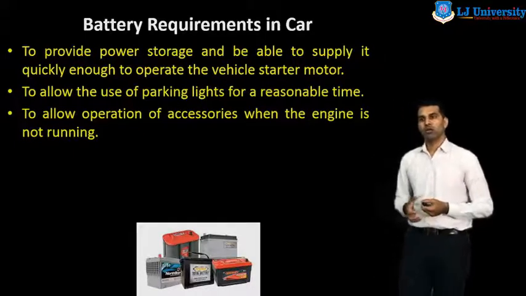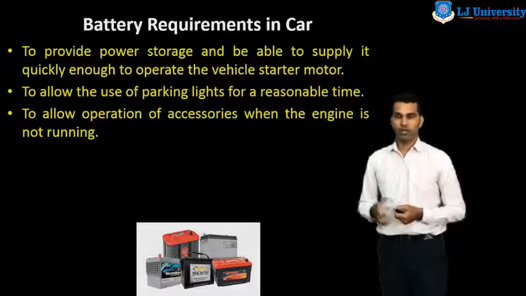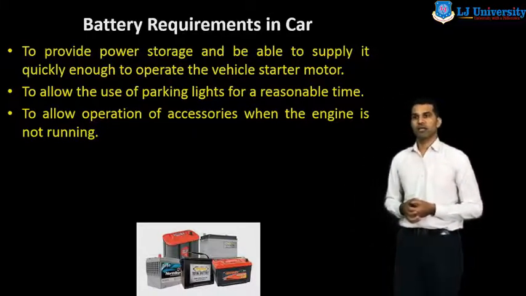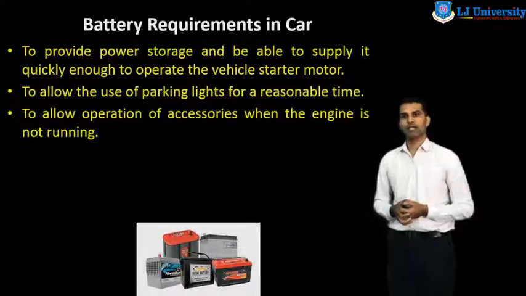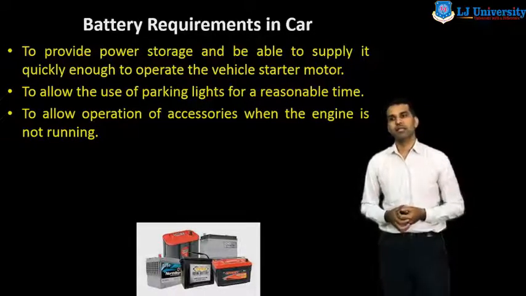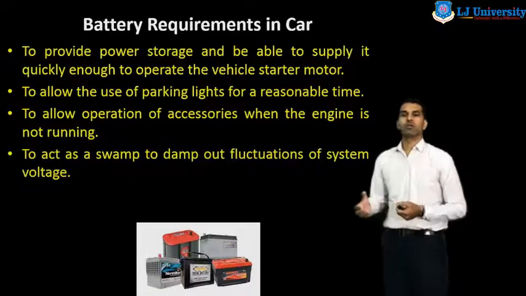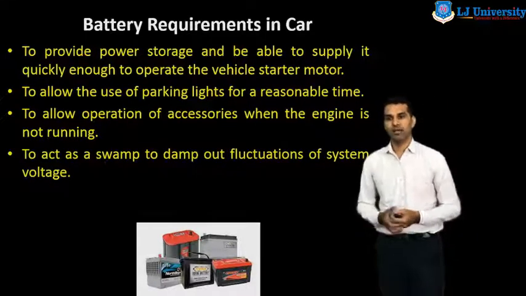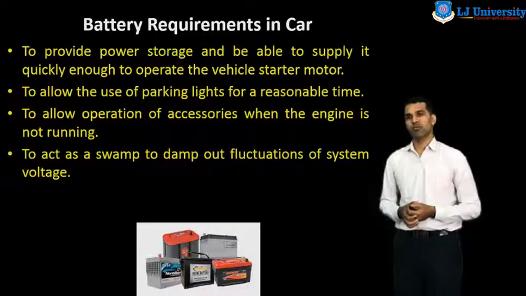The battery allows the use of the parking light for a reasonable time. Another application of the battery in the vehicle is to allow the operation of the accessories when the engine is not running. The next application is to act as a swamp to damp out fluctuations of system voltage.